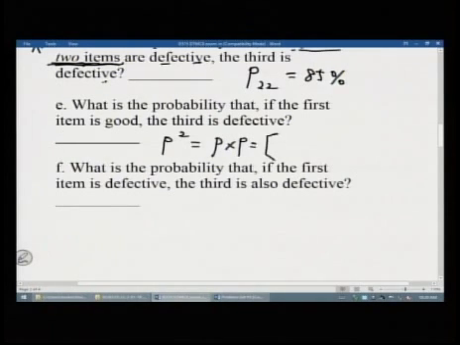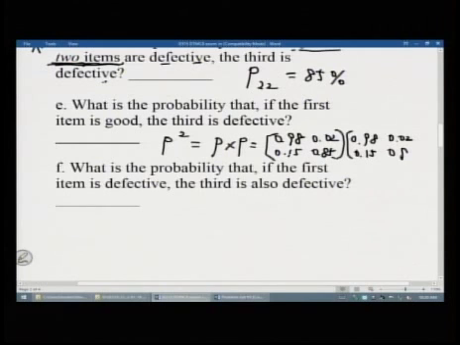Which is 0.98, 0.02, 0.15, 0.85 times the same P matrix 0.98, 0.02, 0.15, 0.85. Right?